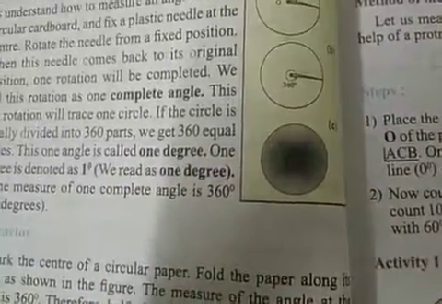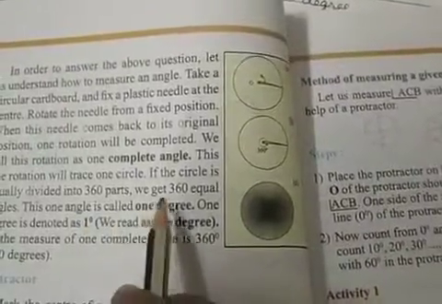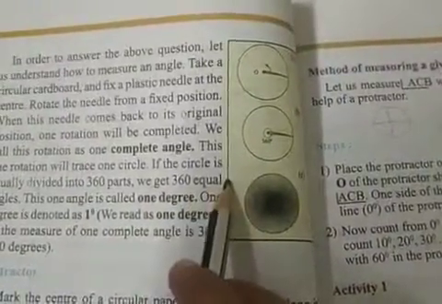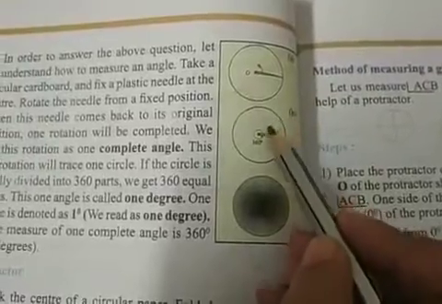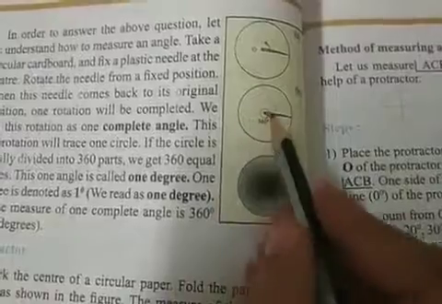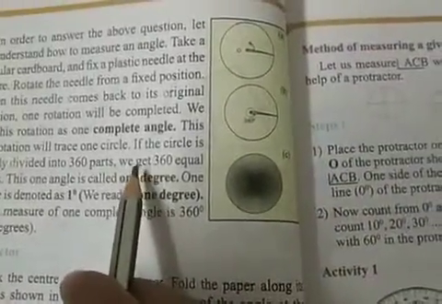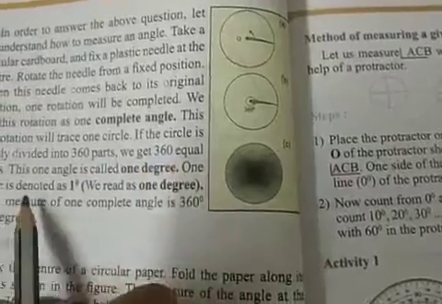Then what we get is 360 equal angles. If it is divided into one equal part, then we get one angle. Here, since it is divided into 360 equal parts, we get 360 equal angles.